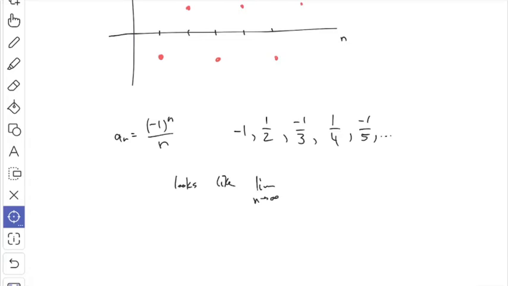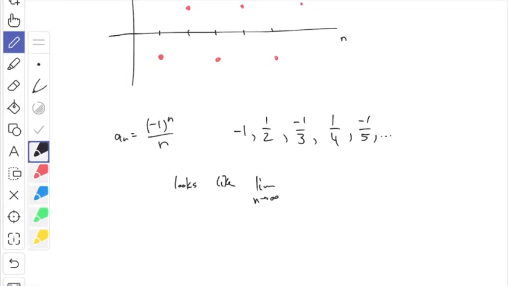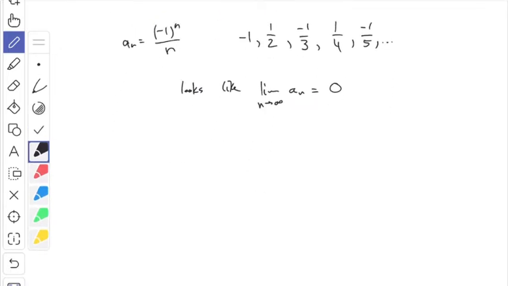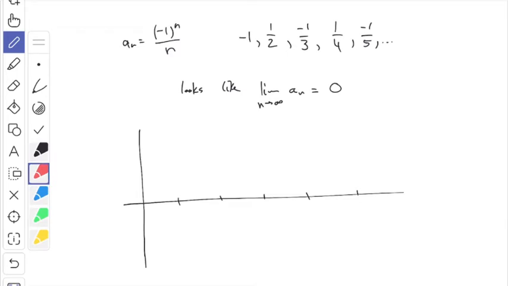So, first of all, it looks like a_n is 0. If you were to plot these, I will try to plot them in the same way. What they look like is the first one is down here, negative 1, and then I have positive 1/2, maybe there, then negative 1/3, positive 1/4, negative 1/5, positive 1/6, like that, right?